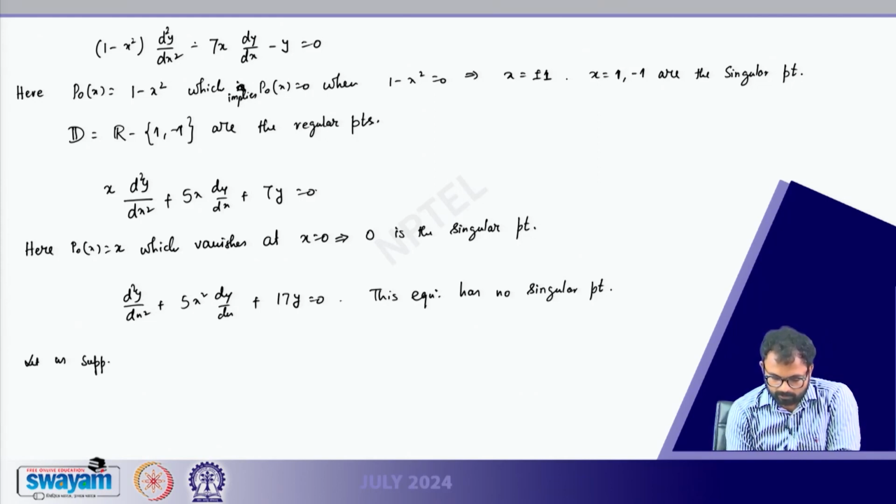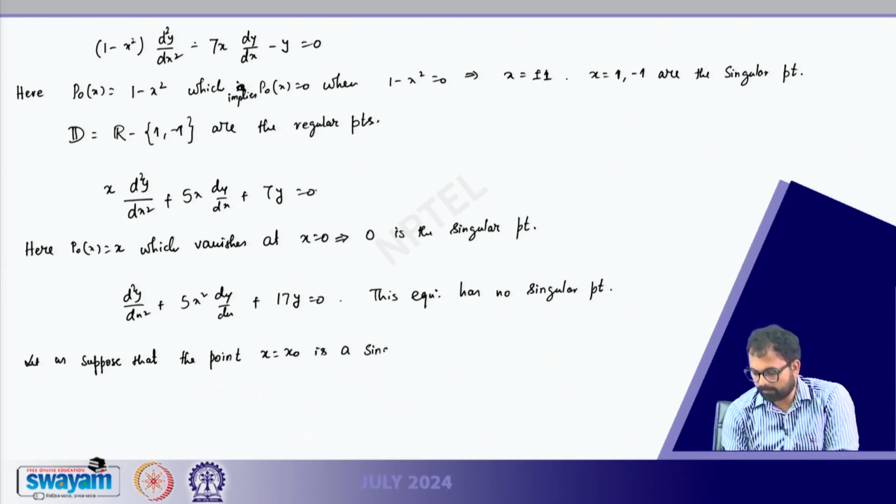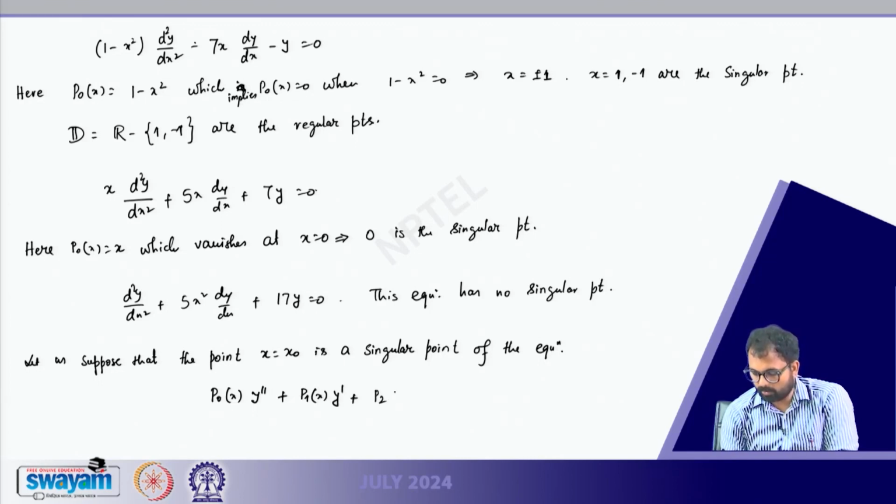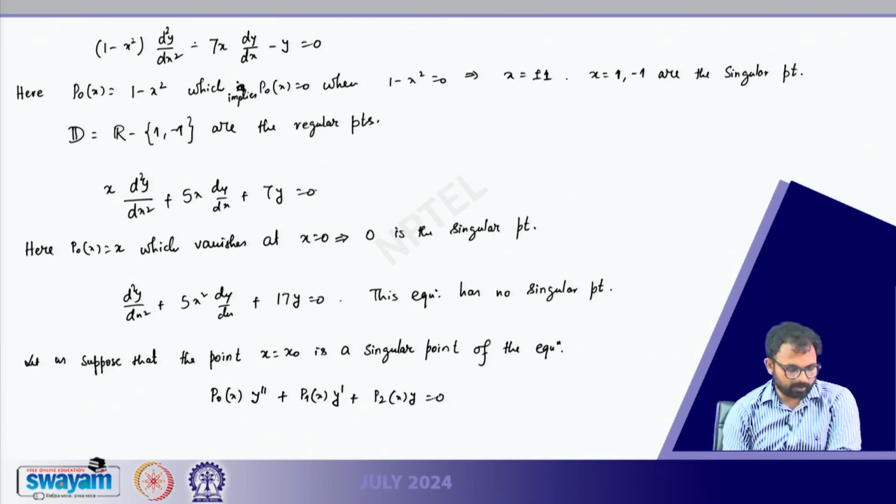Now, let us suppose that the point x equals x0 is a singular point of the equation p0(x) y double dash(x) plus p1(x) y dash(x) plus p2(x) y equals 0 with polynomial coefficients.